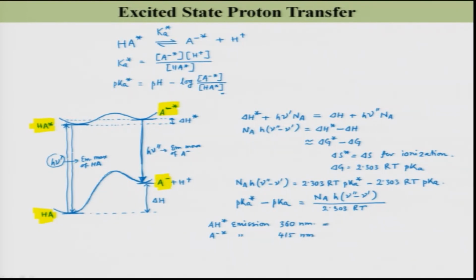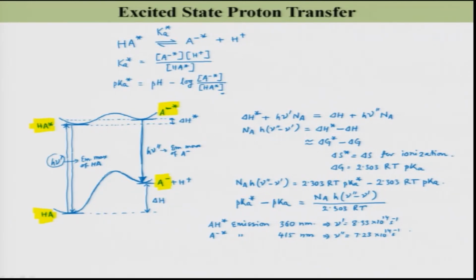So, from here I can calculate nu bar equal to 8.33 into 10 to the power 14 second inverse, interconvertible, and from here nu double prime is equal to 7.23 into 10 to the power 14 second inverse.